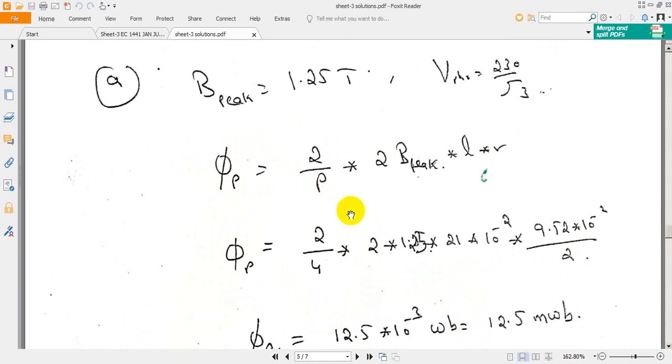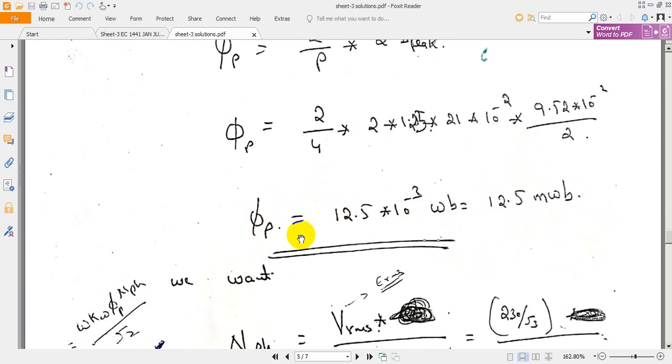Flux per pole is equal to 2 by P into 2 B peak into L into R. P value is equal to 4, into 2 as it is, flux density 1.25, length is 21 centimeters, we are converting into meters, into radius; the diameter 9.52 has been given and we are converting into radius, 9.52 divided by 2 into 10 power minus 2. You will get flux per pole as 12.5 into 10 to the power of minus 3 Webers, which is equal to 12.5 milli Webers.